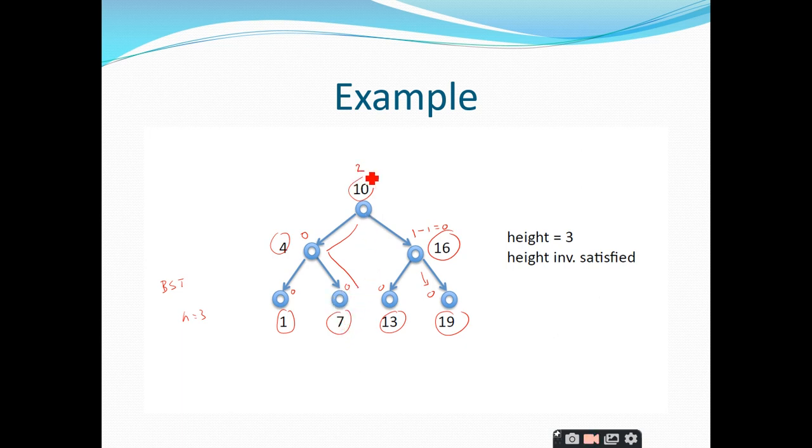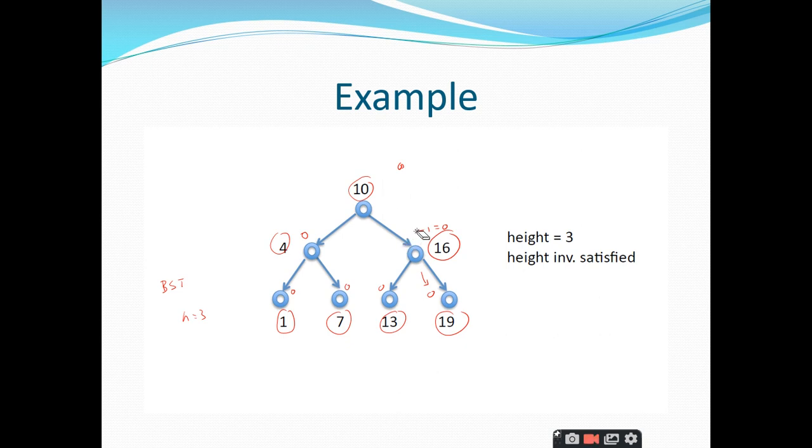So the height of the left subtree is 2, and what about the height of the right subtree of 10? It is 2 only. This is one path and this is the second path. So here also we have the height as 2. Therefore 2 minus 2 becomes 0. Is it true or not? Yes, sir.